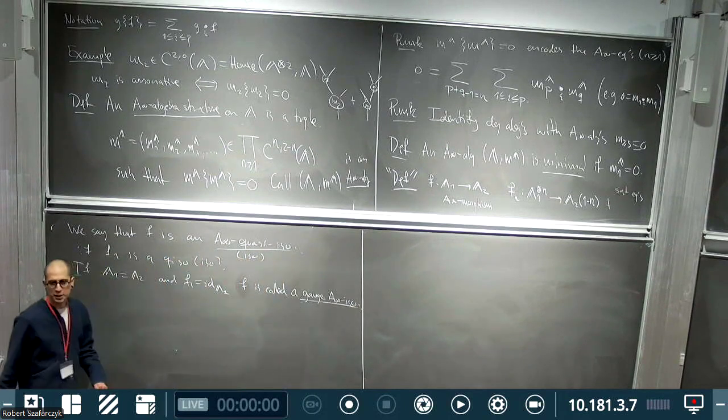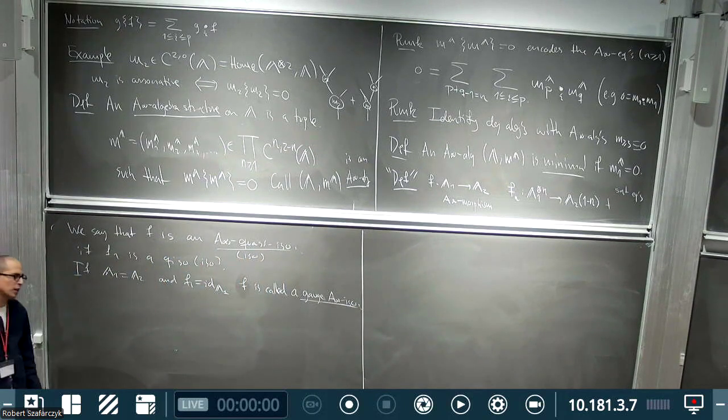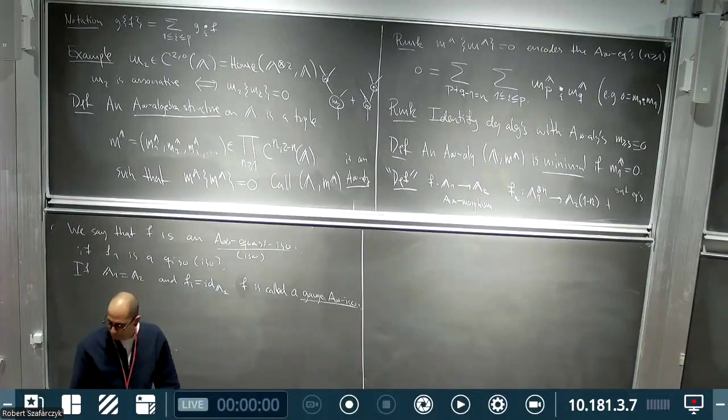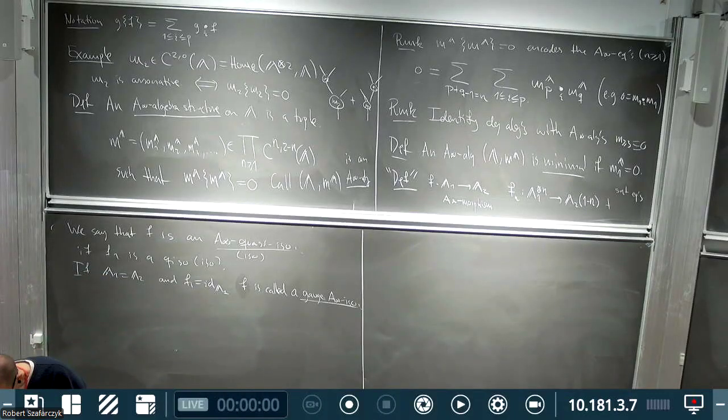F1 is called the linear part, so it is also called an A infinity isomorphism with identity linear part. I might say that maybe more often.